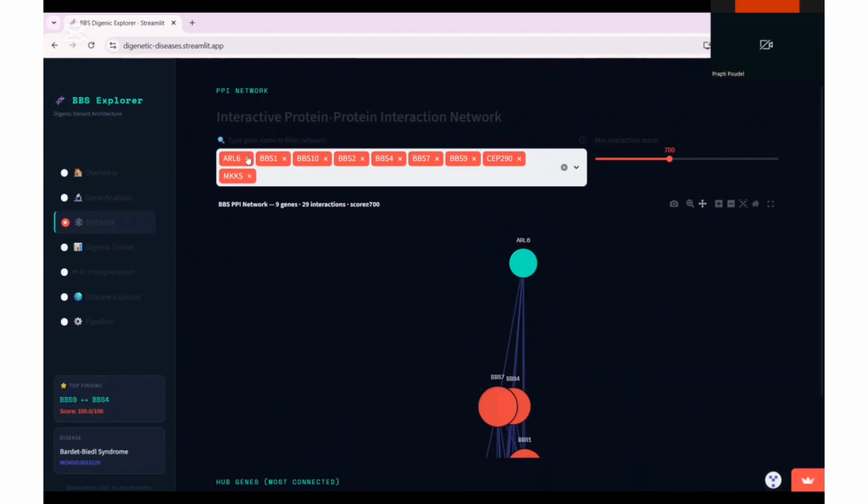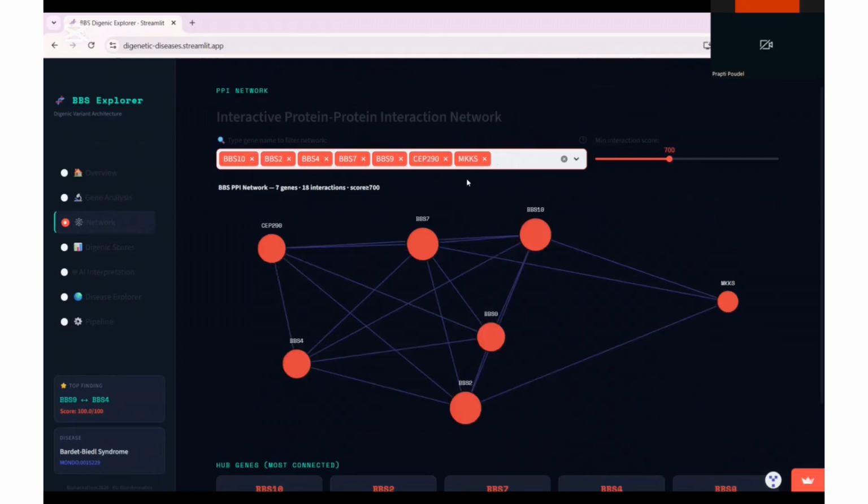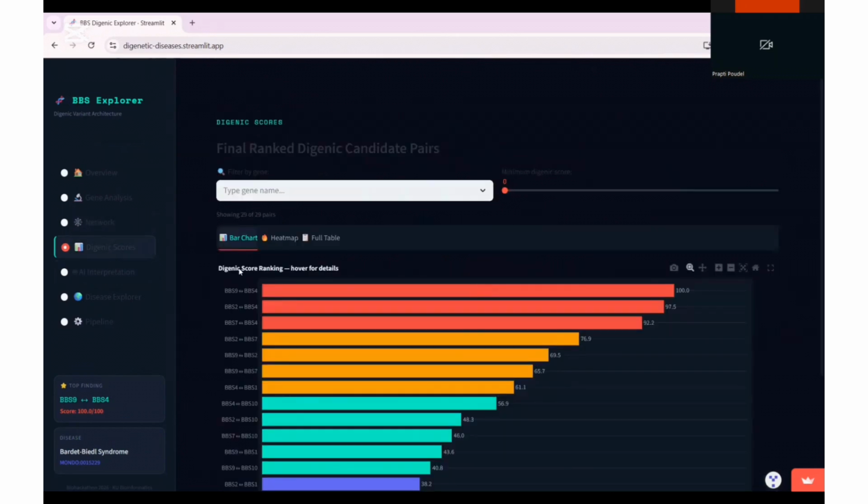Now let us go through another property, which is digenic scores. We can see the digenic score of the different types of gene. For example, let's see ARL6.